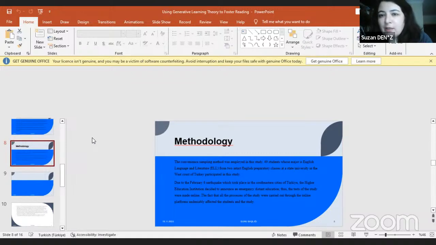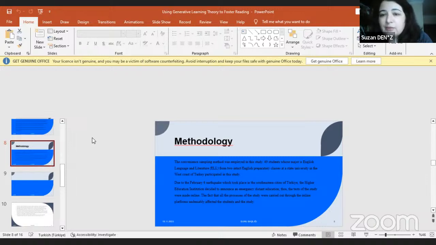We had 49 students whose major is English language and literature, not ELL, from 2 intact English prep classes at a state university on the west coast of Turkey. However, we should also note that due to the February 6th earthquake, which took place in the southeastern cities of Turkey, unfortunately, as you know, the higher education institution decided to announce emergency distance education.